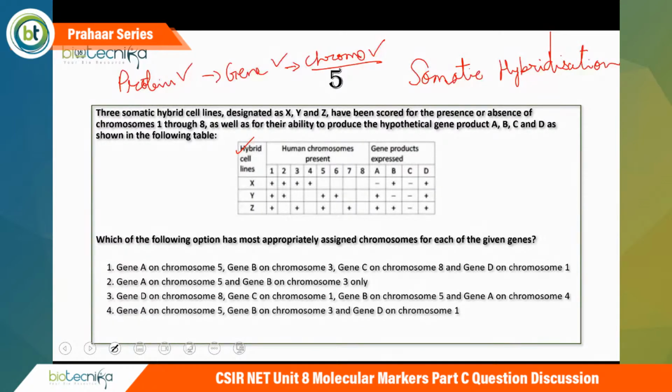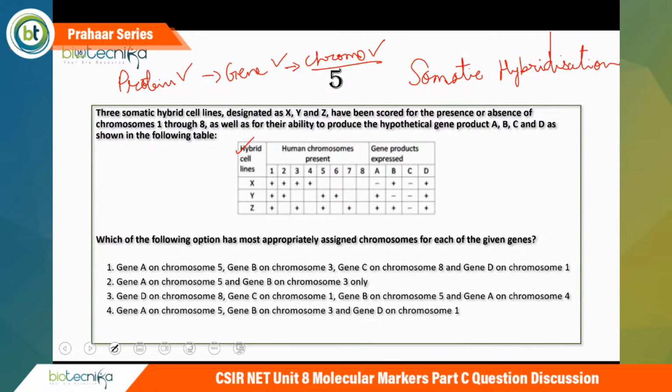And if you have a hybrid cell line that does not have the protein, it will also not have the chromosome that is carrying the gene coding for that protein. So this is a simple correlation that is used here.